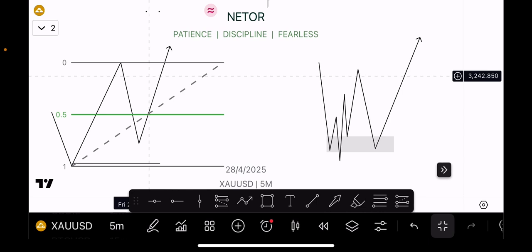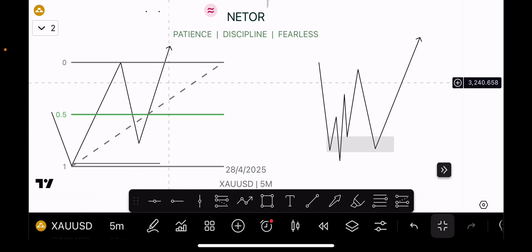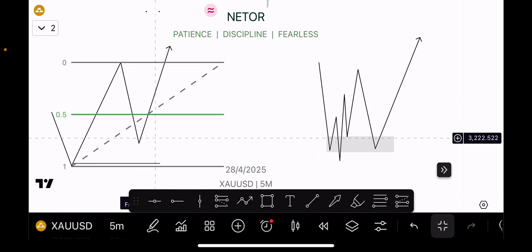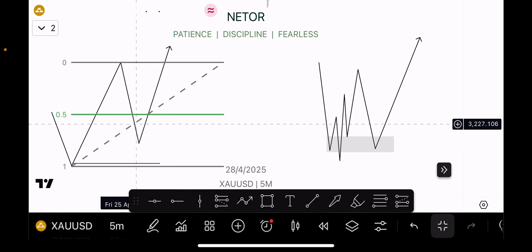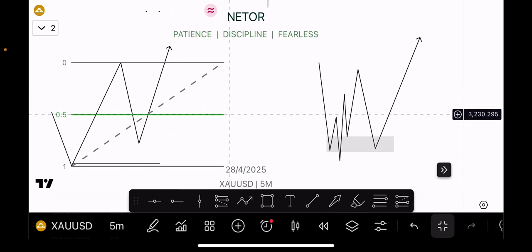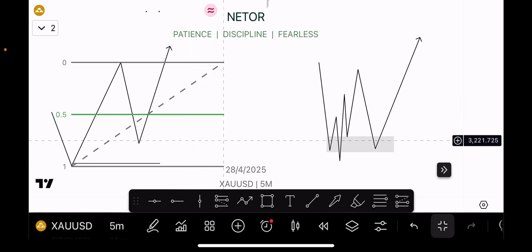This is the discount area, and this is the premium area. The price moved from the discount, and if you check where it moved from, it is from the 50%, from the middle of this particular zone.